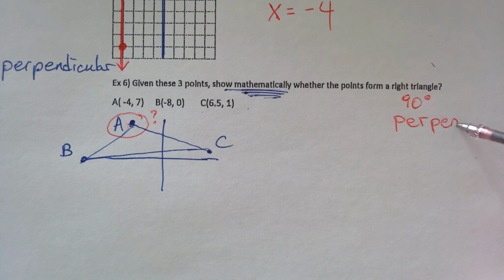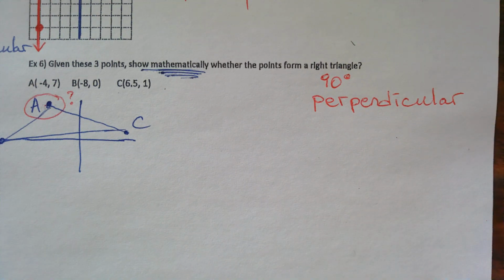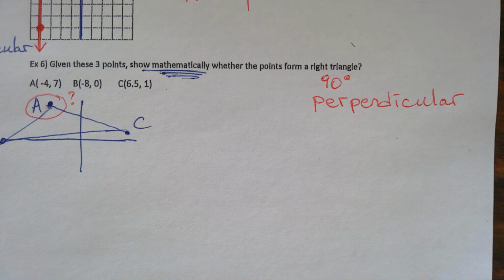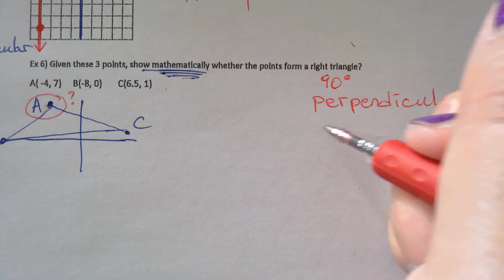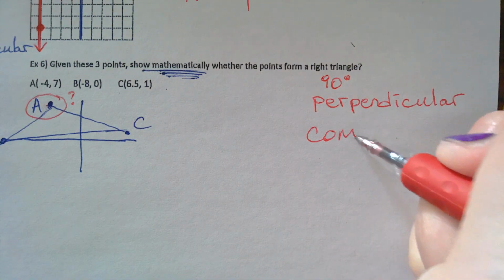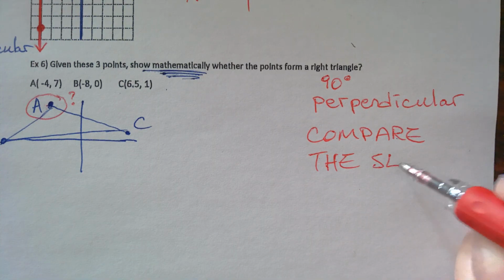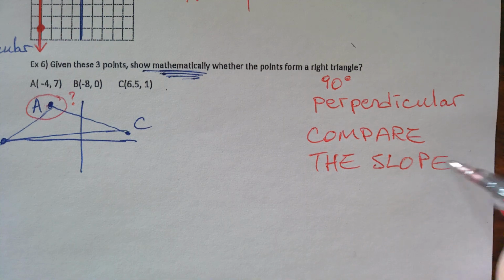So what are you comparing? The slope of A to B versus B to C? What formula is that for? Slope, right? So you want to compare the slopes to see if they are perpendicular, if they are negative reciprocals.